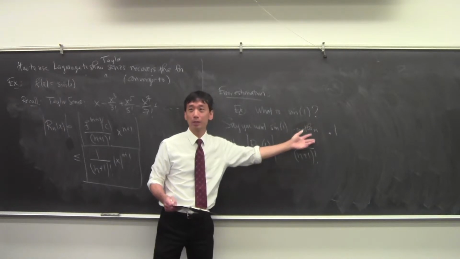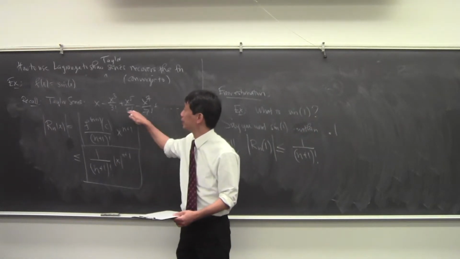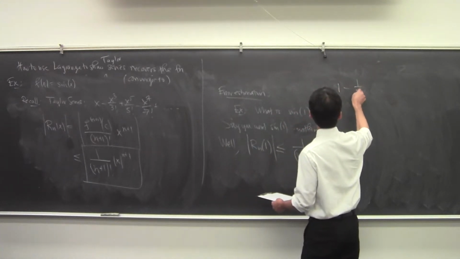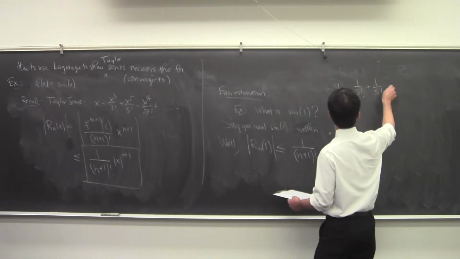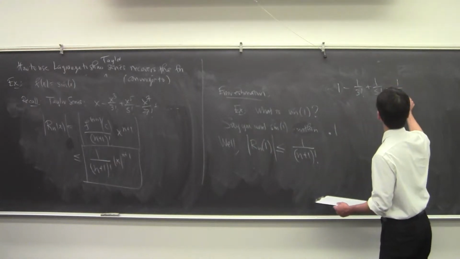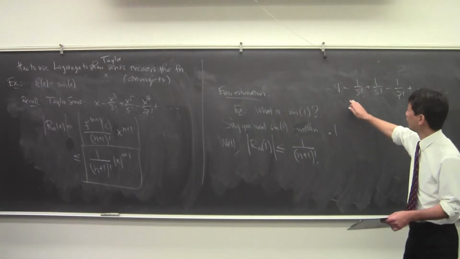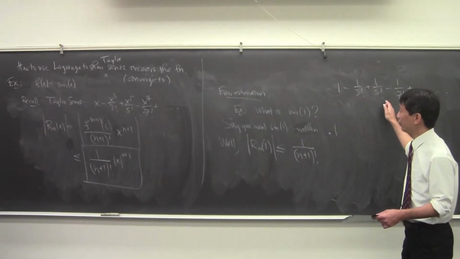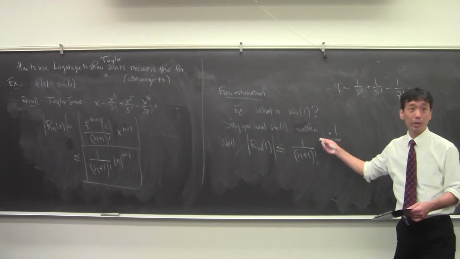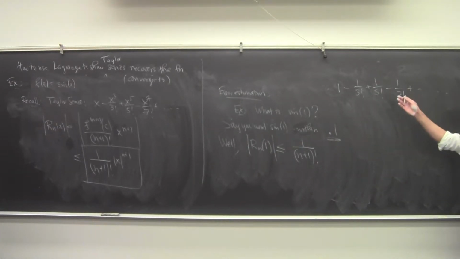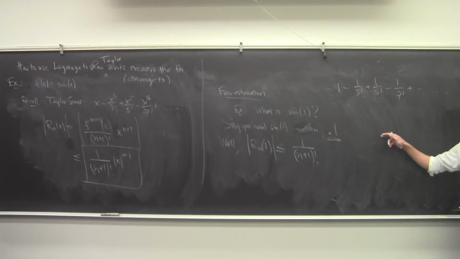Okay, so we say we're going to use the Taylor series. The Taylor series says that it's going to be 1 minus 1 over 3 factorial plus 1 over 5 factorial minus 1 over 7 factorial plus minus blah, blah, blah. And we're wondering, how far out do we have to go to be within 0.1? This is eventually going to converge to the sine of 1, but how far out do we have to go to be within 0.1 of the actual sine?